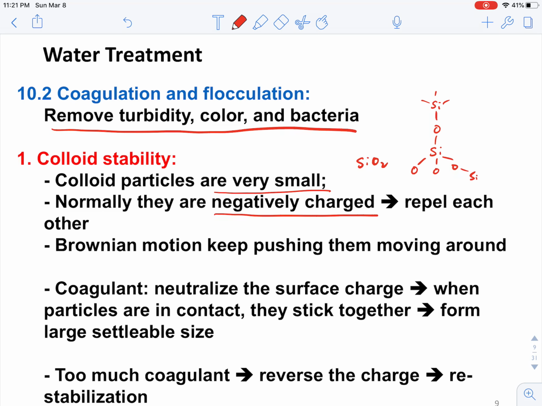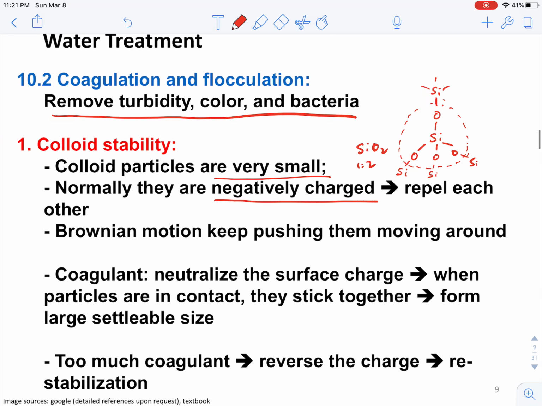So for these clay particles or sand particles, they typically tend to exist in such a way. They're not going to exist in an exact ratio of 1 to 2 in terms of the moles of silicon and oxygen.